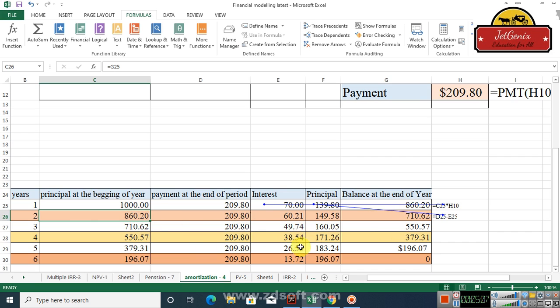And you come a long way, and at the end of the sixth period you see the balance is zero, which means that this amount which we have calculated, the six equal installments of $209.8, will pay the $1,000 debt plus the 7% interest. It is correct. This $209.8 is the correct amount of the six installments.